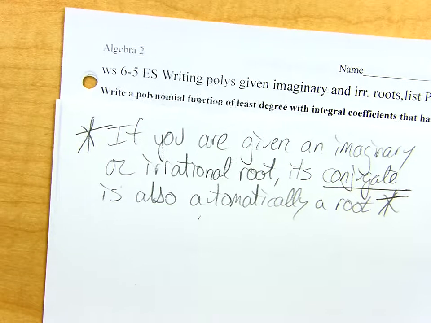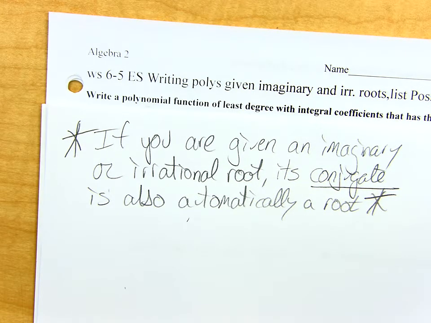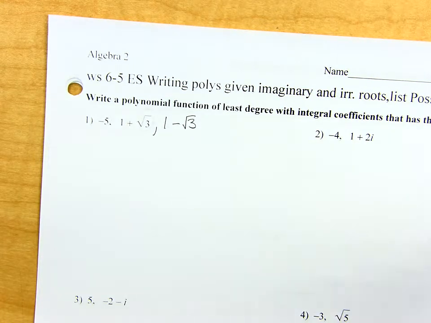Okay, so this is a big deal. If you're given one that's imaginary or irrational, right away its conjugate is also a zero, even though it will not appear in the list. You need to put it in the list. Once you have your complete list, then the procedure is the same, but of course it's more complicated.